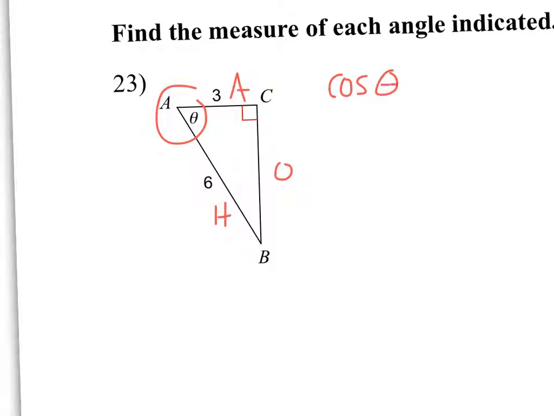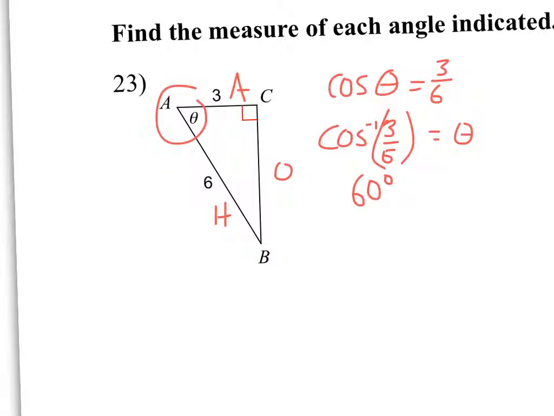So cosine of theta is equal to adjacent over hypotenuse, 3 over 6. That means that inverse cosine of 3 over 6 is going to end up being that angle. You're welcome to leave it like this, or on a calculator, you're going to get 60 degrees as your answer.